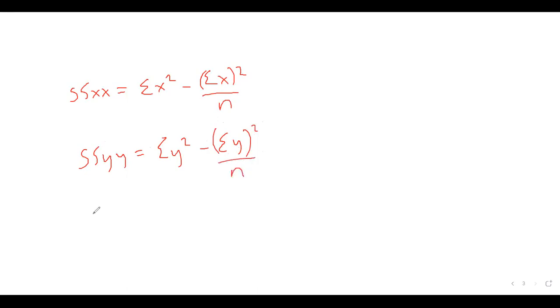Then xy: summation of xy minus summation of x times summation of y over n. So our n, how many pairs did we have here? We had 4 pairs. So our n was 4.